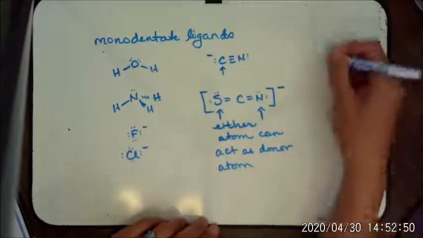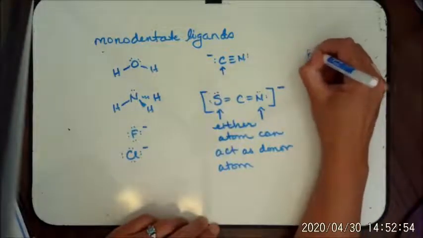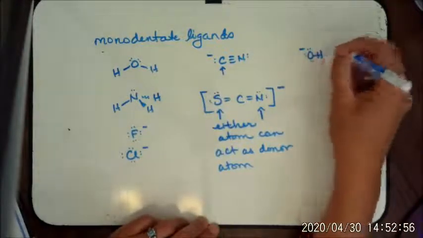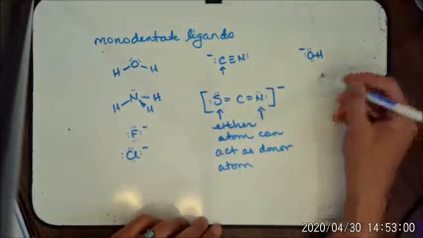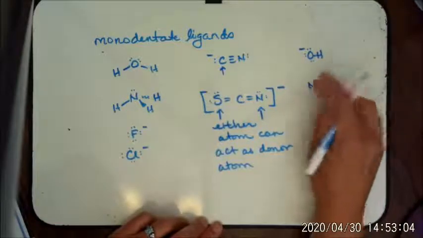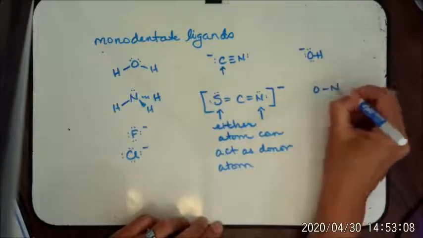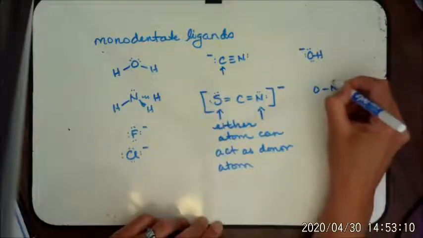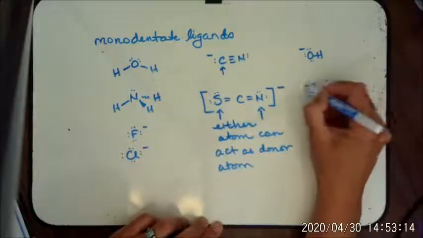Okay. We also have something like hydroxide, and we saw that when we basically looked at metals and how they're acidic. Okay, and we have the nitrite ion. Let me just put that in here.